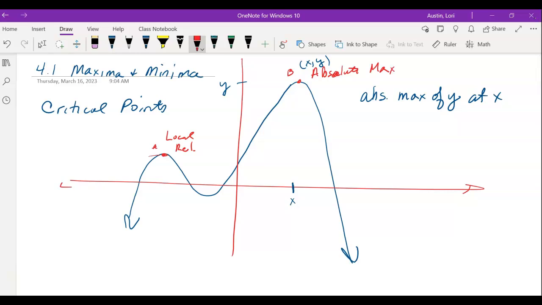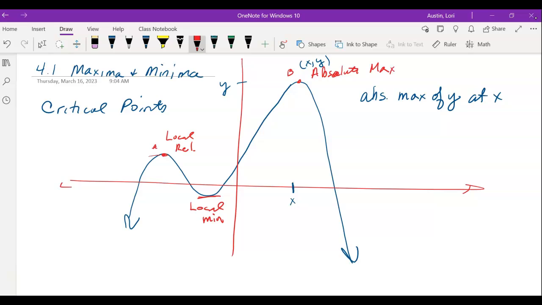Do you see the difference now? Yeah, we have, hey, this would be a local min, right? But there's no absolute minimum because these graphs will go down into infinity if we're talking about the entire function. Okay. So again, just giving you some conceptual stuff first before we go into the details of all the definitions.